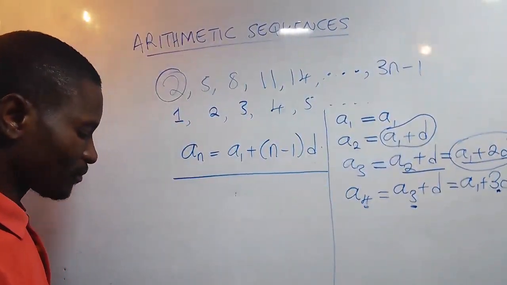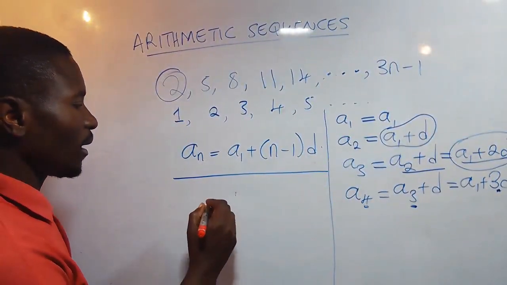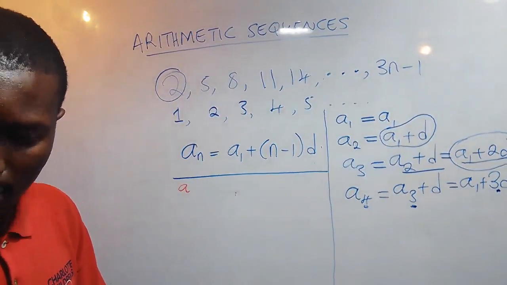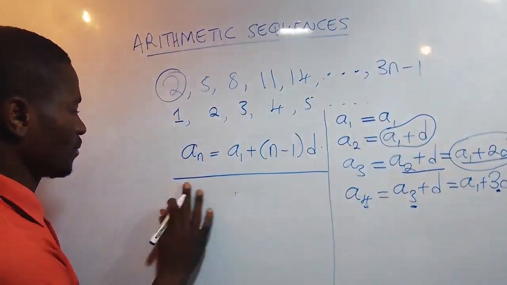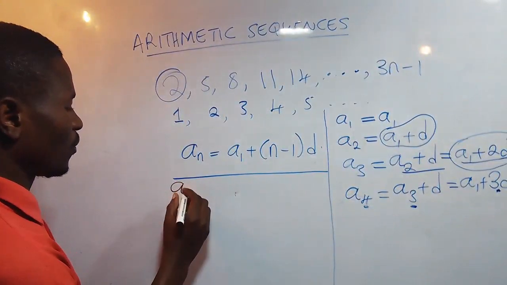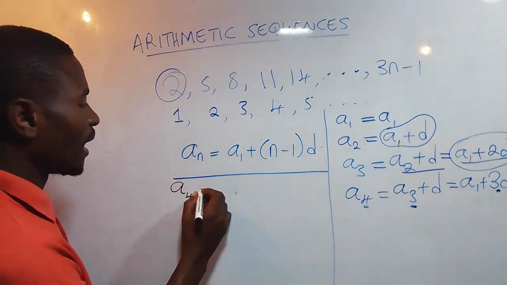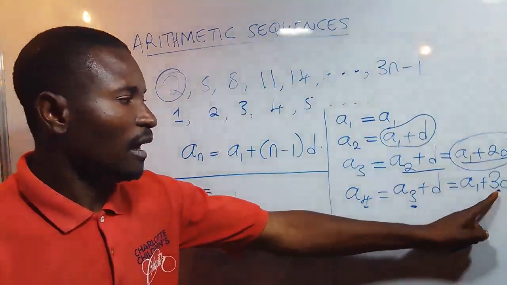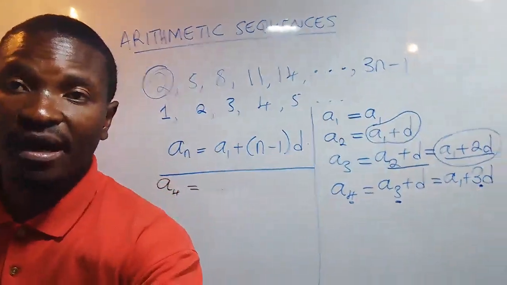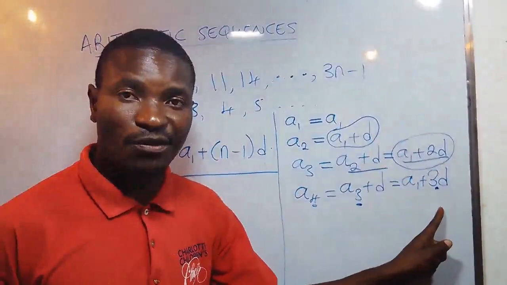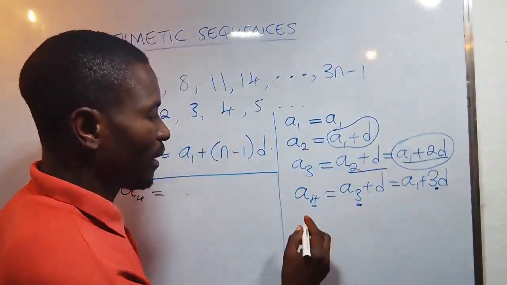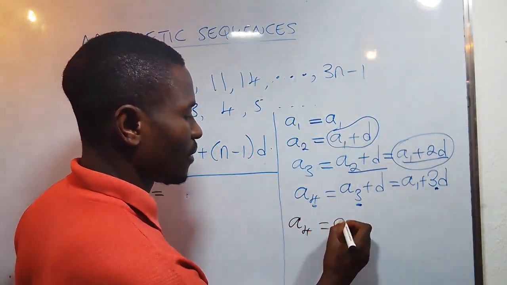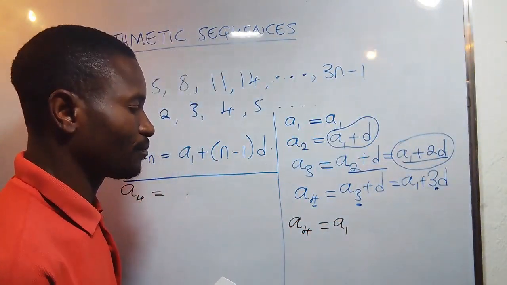So when I say I'm looking at the fourth term, for example, I can actually simplify that, okay. I'm gonna actually simplify this, okay. And let's say, for example, the fourth term is gonna actually be A1, okay.